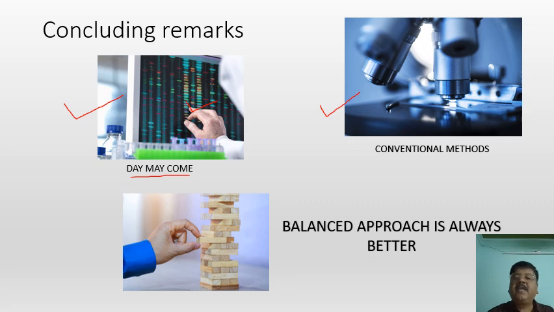Conventional methods like microscopy or culture identification by biochemical methods are also very important, because these are the basics and we have to use a balanced approach. Wherever possible, we have to utilize the conventional methods, and if it is not possible, we have to go for the automated methods.